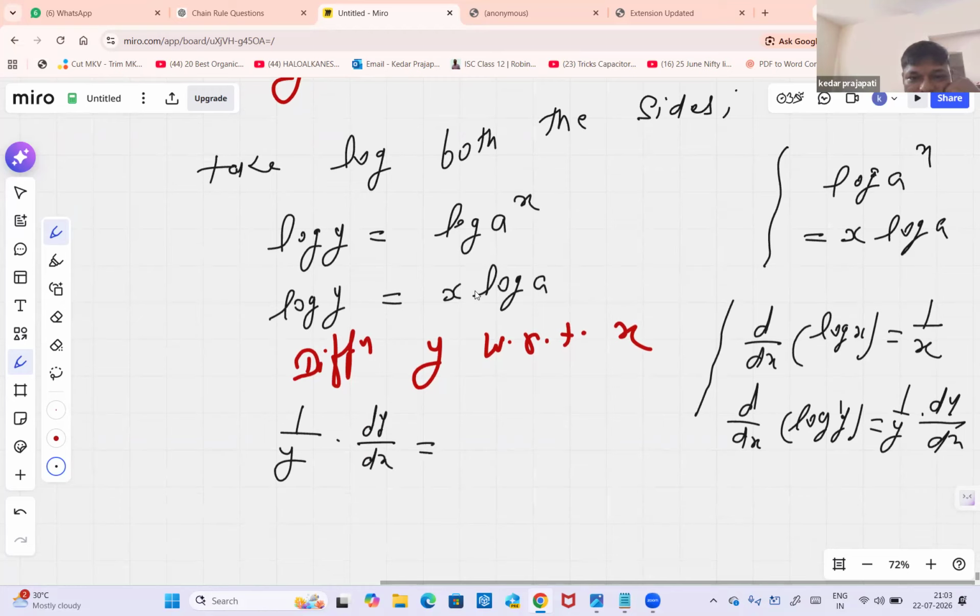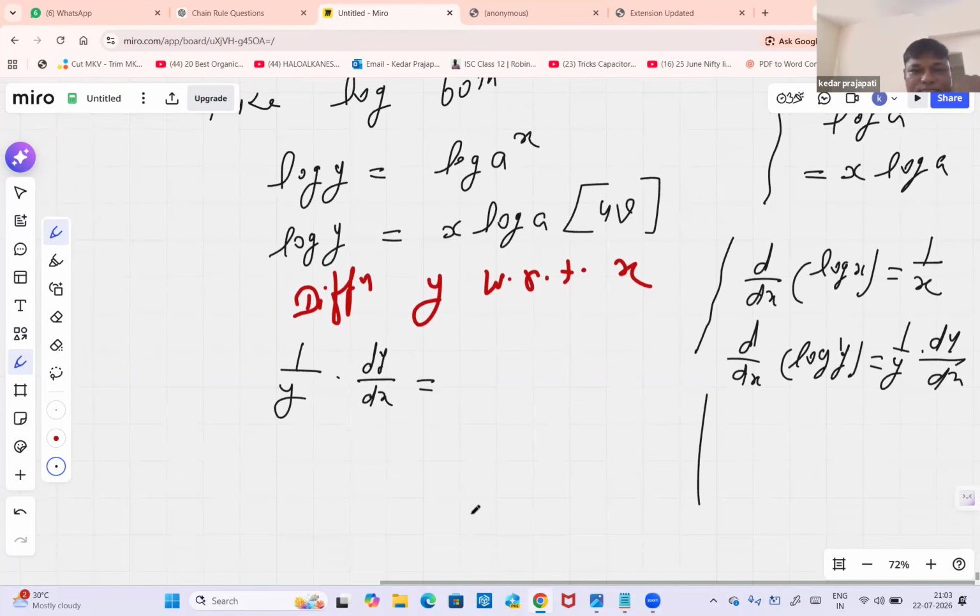And what is this? This is in the form of u into v. I know I have not taught you this, but I'll be teaching. Okay. In UV form, d by dx of uv will be: take one term constant, u into dv by dx.